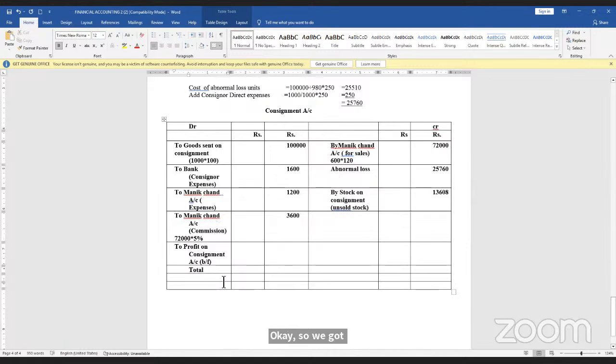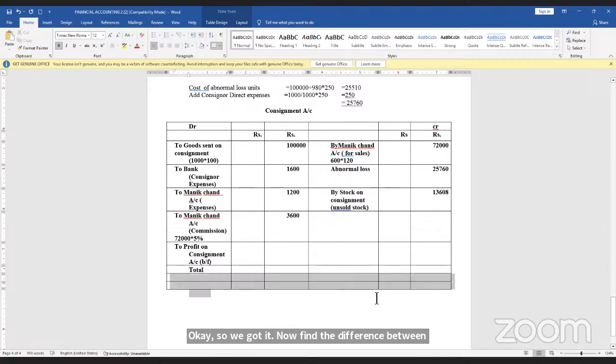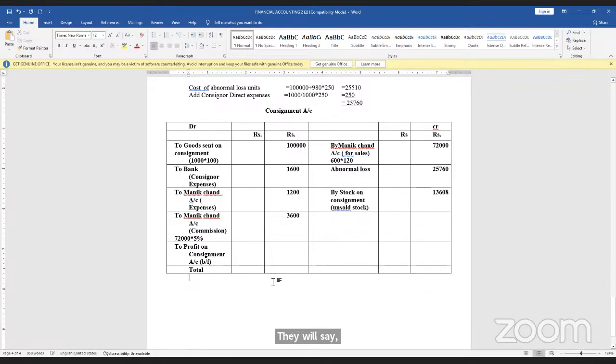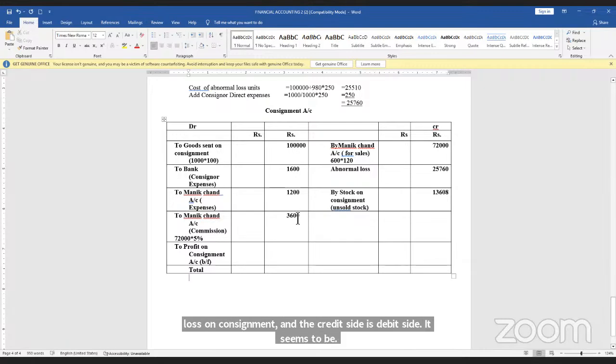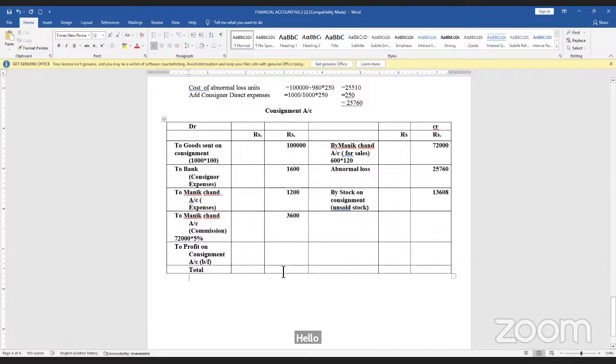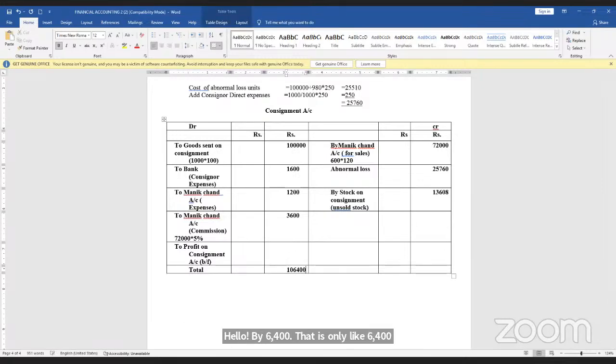Now find the difference between the debit side and the credit side. The difference amount is going to be your profit or loss on consignment. On the debit side, it seems to be 1,06,400.